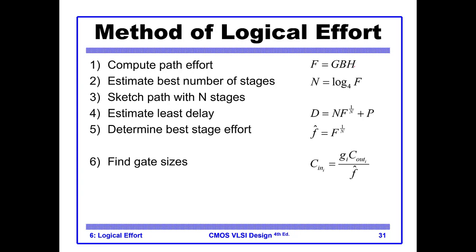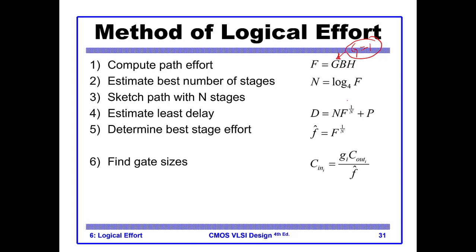So first you compute capital F, and you assume, in most cases this is easier to start with, that all the gates are NOT gates. So you start with g equal to capital G equal to 1. Then you calculate the best number of stages, log to the base 4 of F. Then you sketch the path with n stages.